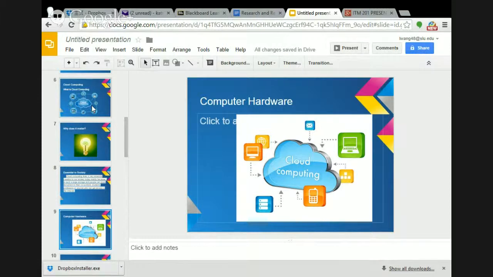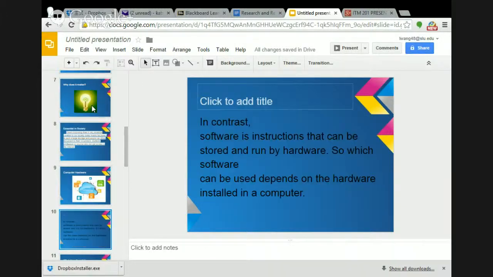There are many different kinds of hardware that can be installed inside and connected to the outside of a computer. In contrast, software is instructions that can be stored and run by hardware, so which software can be used depends on the hardware installed in a computer.